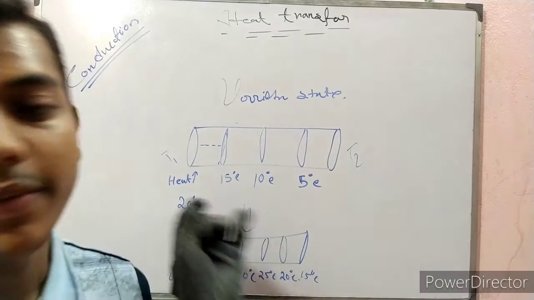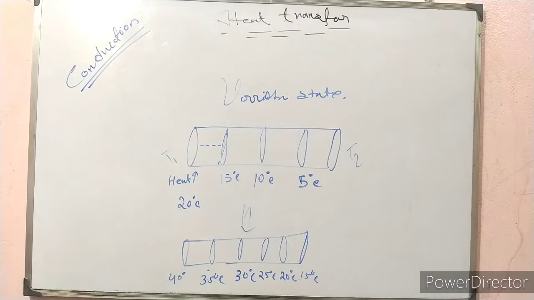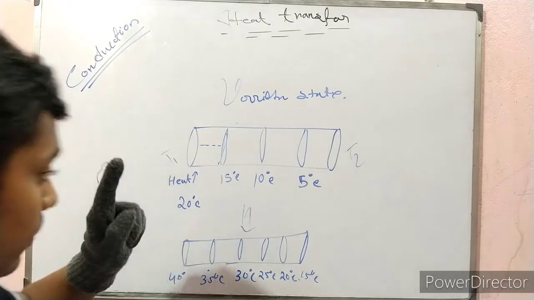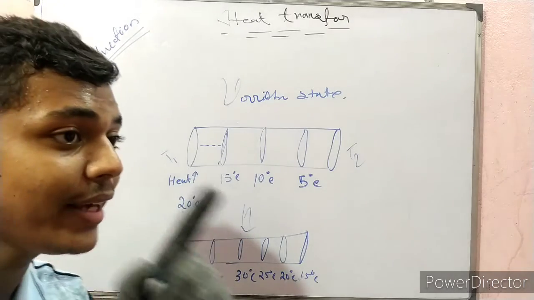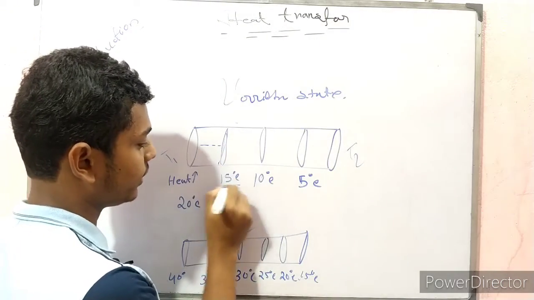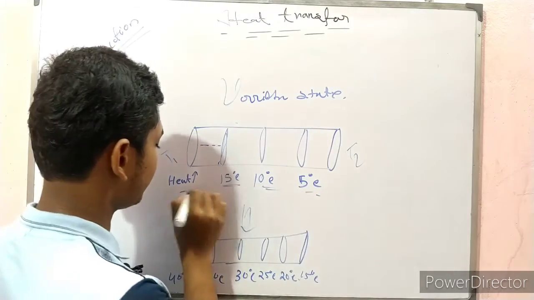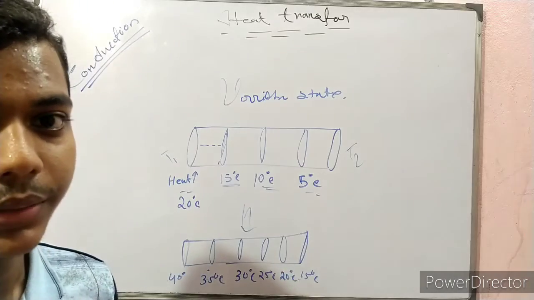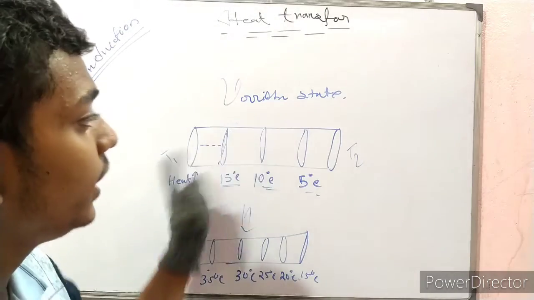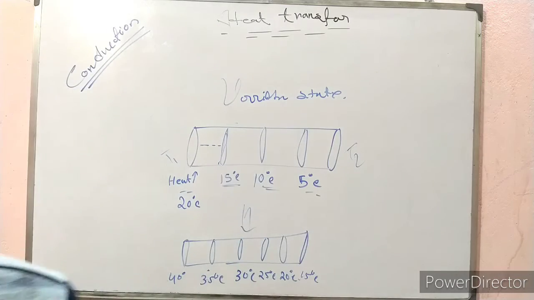Okay. The temperature at this point, this point, this point, this point are different. The temperature at the points of the conductor are different.